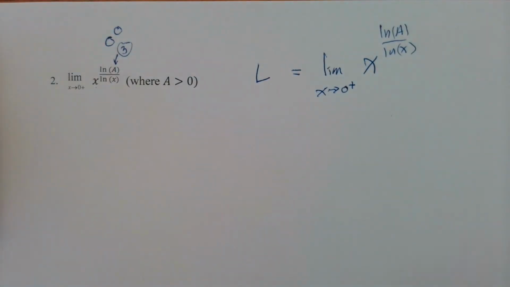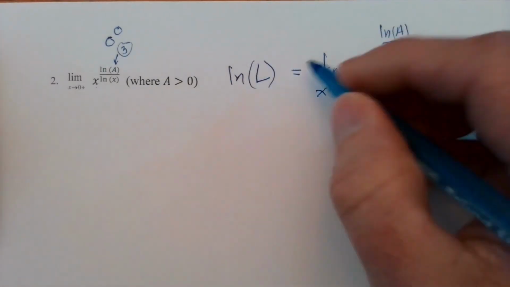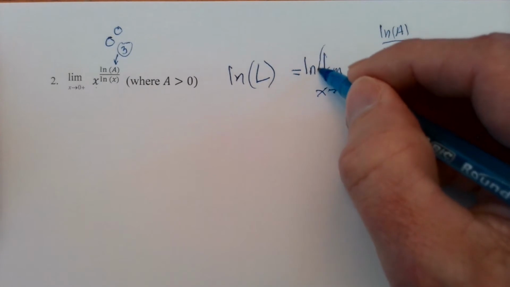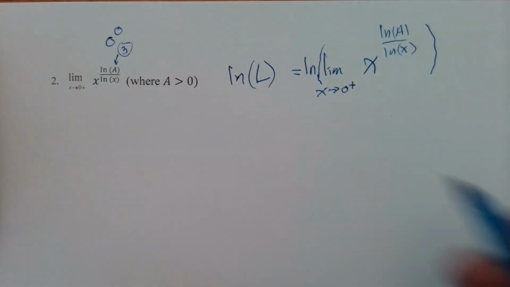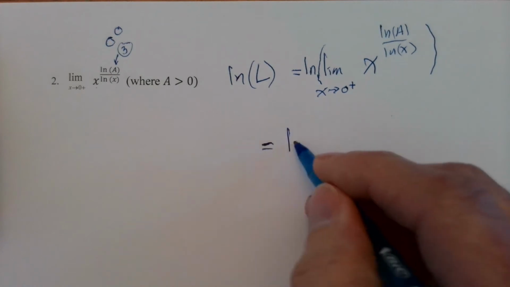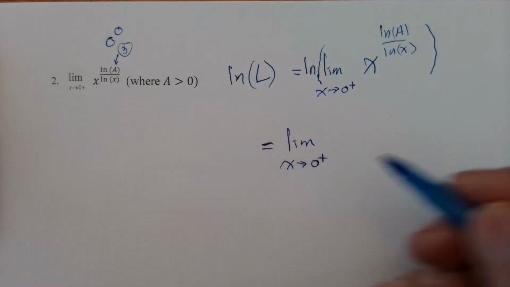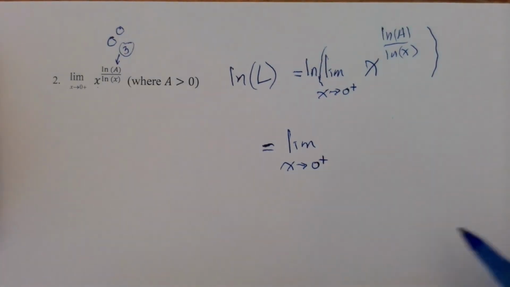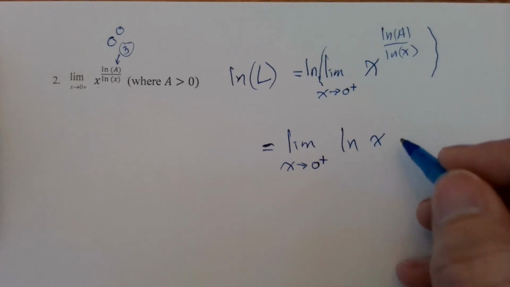And then take the natural log on both sides. And just like in the last problem, we're going to let the natural log go inside the limit. So that looks like this. A lot of these problems have the same first 3 steps. So if you can come up with a way to shortcut any of these steps, you should.